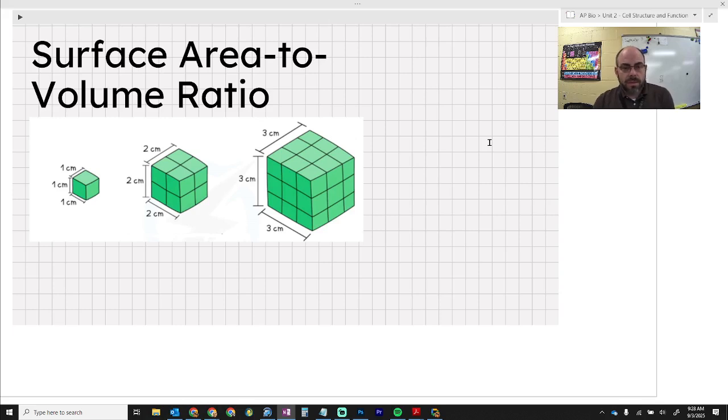Whereas lower surface area to volume cells make diffusion, which is the uptake and release of materials, less efficient and may lead to a buildup of waste and slower intake of resources. And so the way that cells overcome this is they either divide or they change the shape of their cell in order to manipulate the surface area to volume.